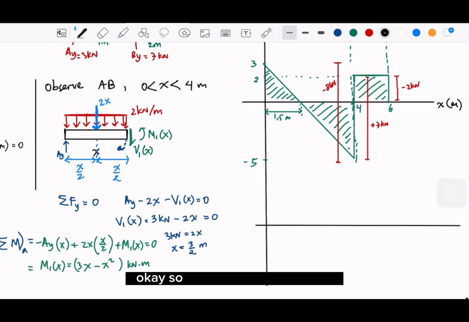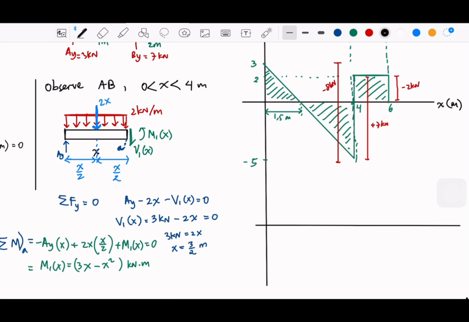which means that for any graph here, the slope of this will be V. Okay, so let's say this is the slope. We see the positive, right? This is a positive slope and a negative slope. And remember, a positive slope on this curve is going to be like this. Okay, and then it's going to be 0 at this point here, at x equals 1.5, which means 1.5 becomes the horizontal tangent. The slope is 0. Remember the calculus.